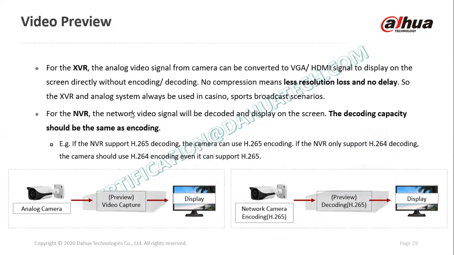Video preview is a common function for recorders. You can connect the recorder with an HDMI cable or VGA cable to a display and view the video from the camera. So I think you understand the term video preview.